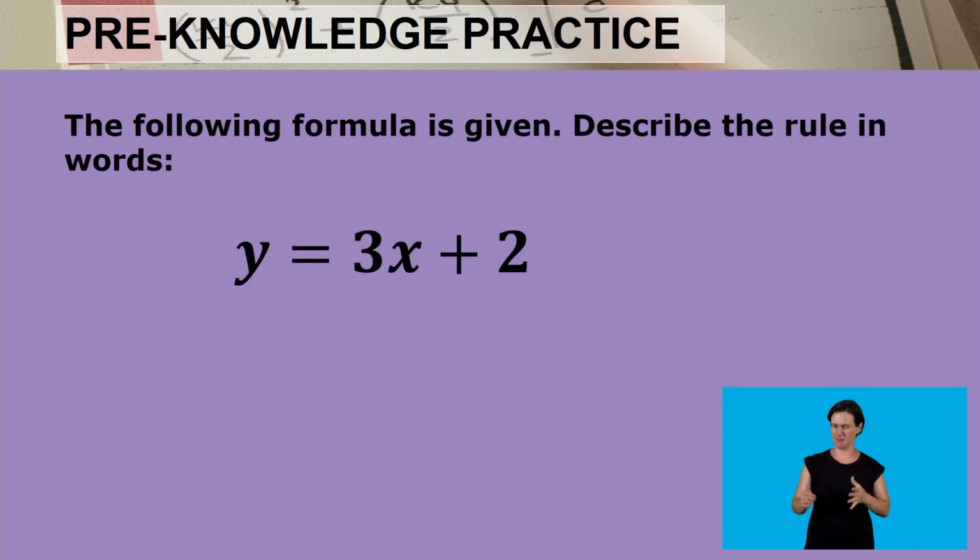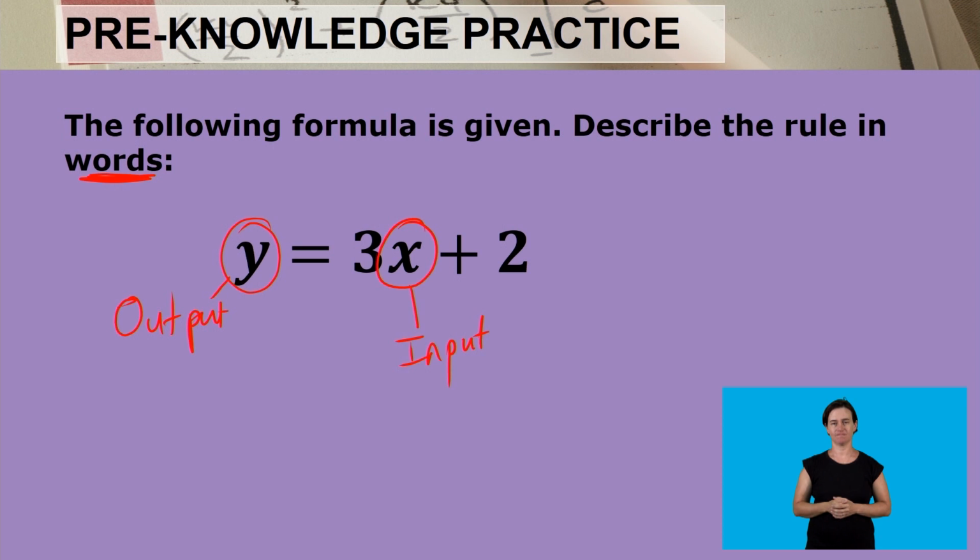Now, the following formula is given. Describe the rule in words. We can see that the formula or equation that we have been given here is y = 3x + 2. Now we are supposed to describe this rule in words. Remember, y is our output and x is our input.